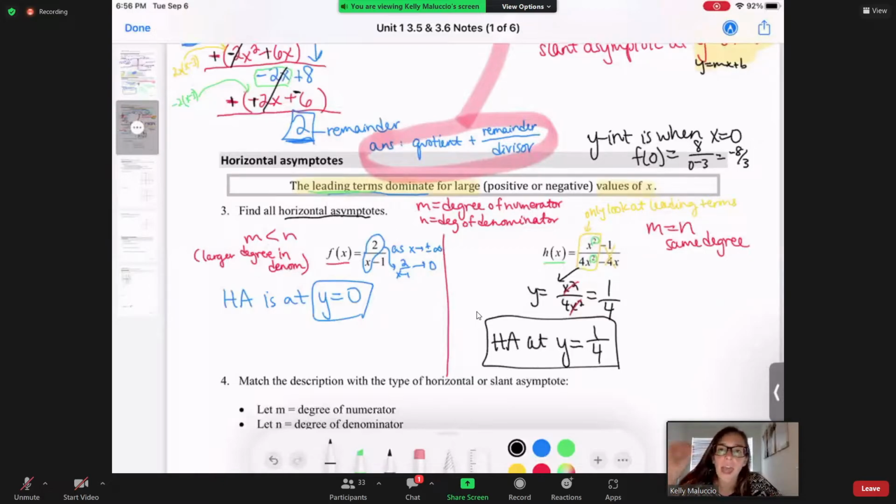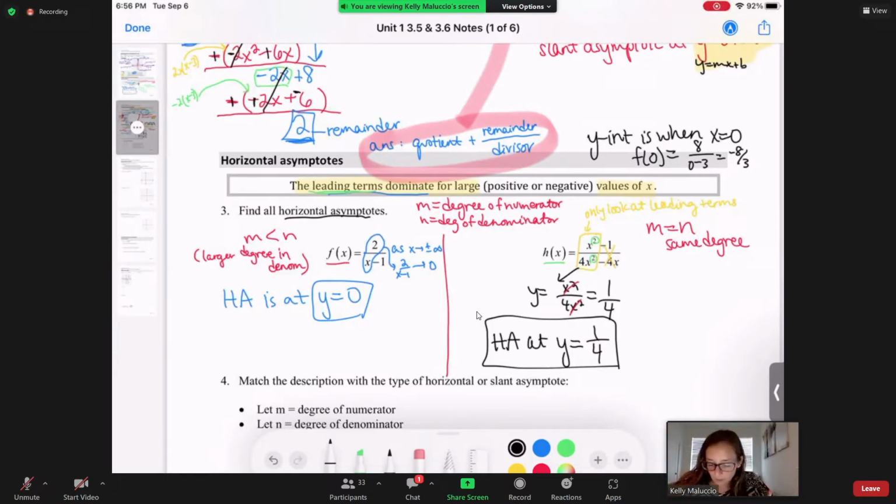Then when m and n are equal, when these two degrees are equal, you take the highest degree. So if it's squared, you take those x squareds and you just look at the coefficients, the leading terms' coefficients, and you divide them. Maybe it's 2 over 1, maybe it's 1 over 4, whatever it is, that is your horizontal asymptote. So there's kind of these 3 rules.